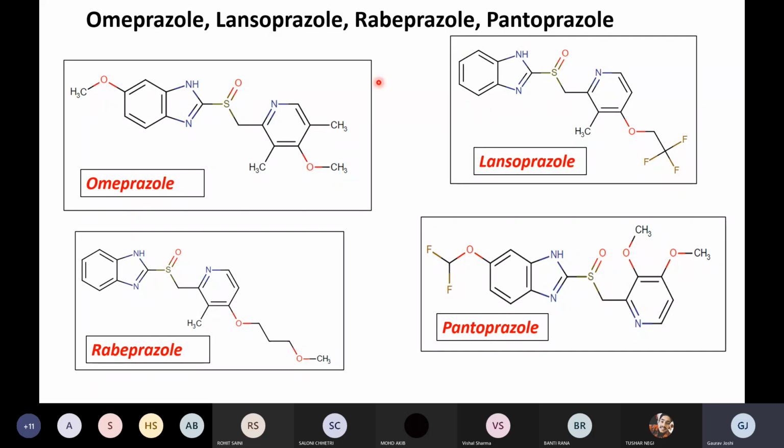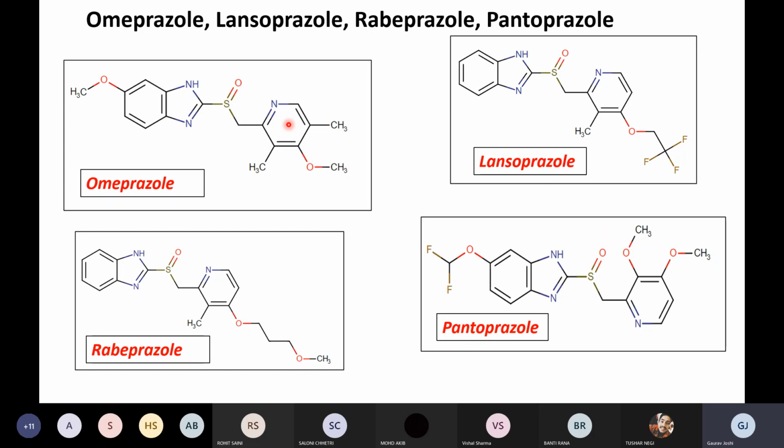The second common thing is the pyridine ring, again and again. And again the sulfinyl moiety, this sulfoxide, is a common thing. So all these things are common when we are having a proton pump inhibitor. So the basic pharmacophore will be the same, right?